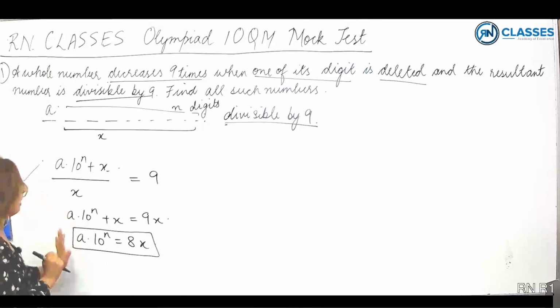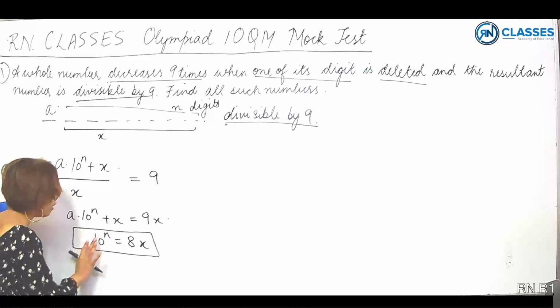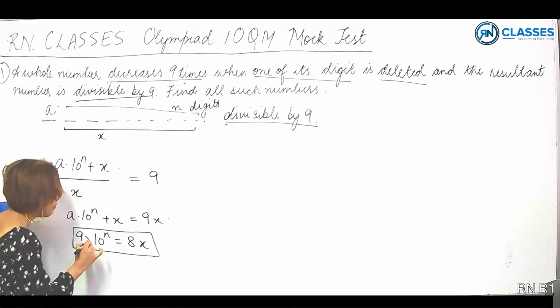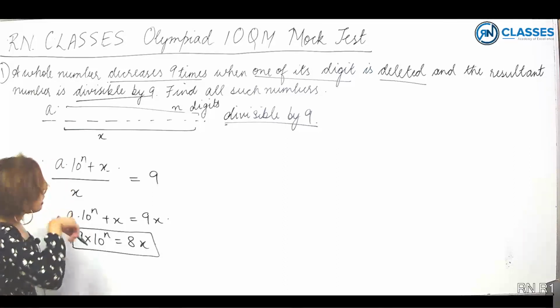So here you were getting scared because too many variables are getting involved, but I have realized that a cannot be anything but 9. Reduce the number of variables, right? Now let's see.